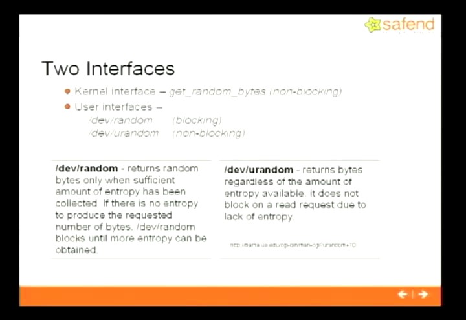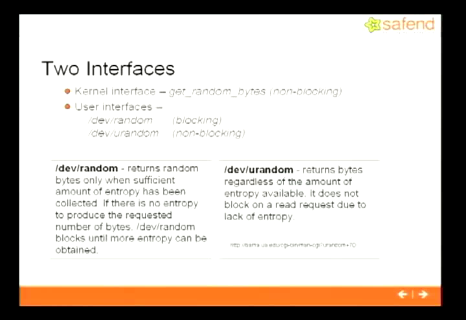The difference between them is they both use the same entropy, but /dev/random should be much more secure, whereas /dev/urandom is less secure, but is much faster. So kind of the instruction, if you read the manual, is if you need extremely secure bits, use /dev/random.